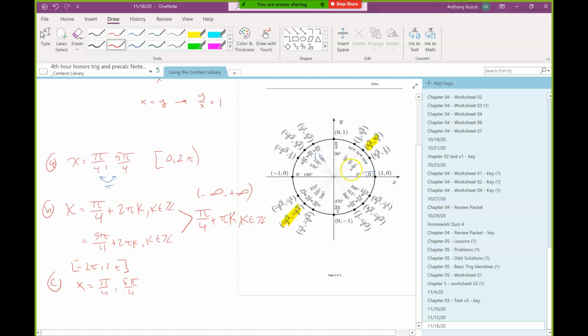Well, that's easy to find. I can just go basically this way on the unit circle to get to those two answers, which is really the same thing as subtracting 2 pi from each of them. So if I subtract 2 pi from 1/4 pi, I get negative 7/4 pi. And if I subtract 2 pi from 5/4 pi, I get negative 3/4 pi.